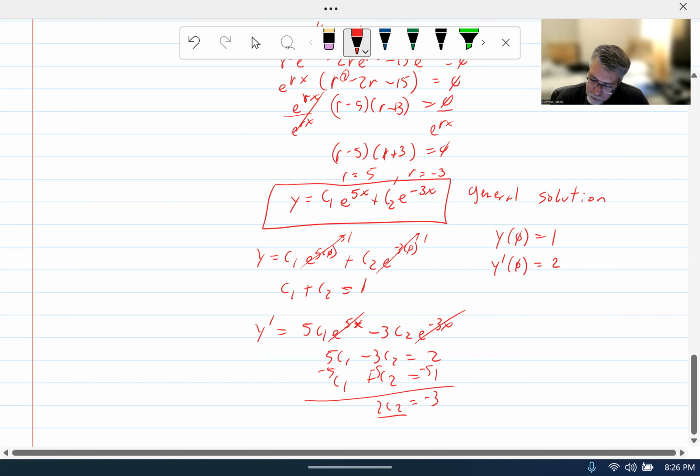Divide by 2, and we get c2 equals negative 3 halves.